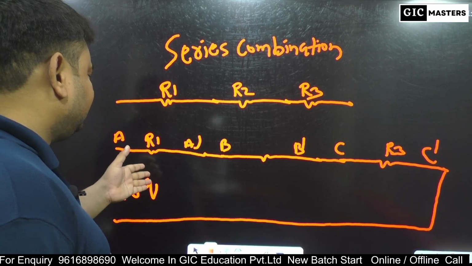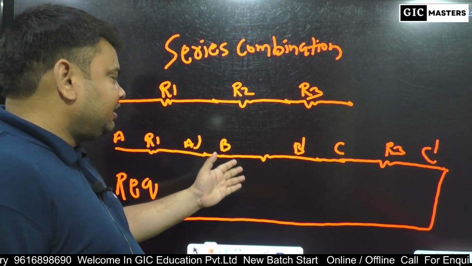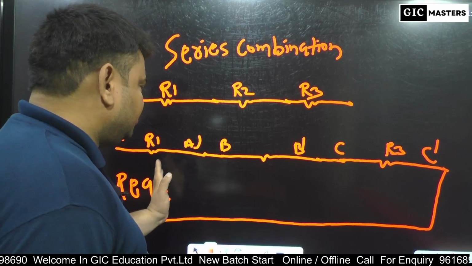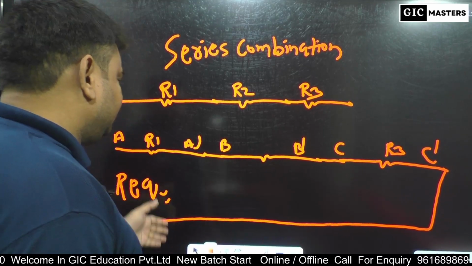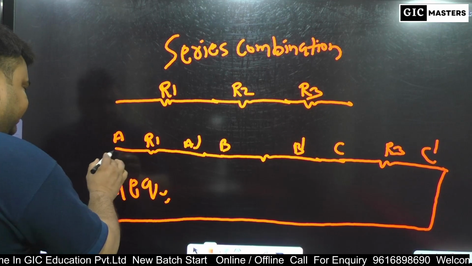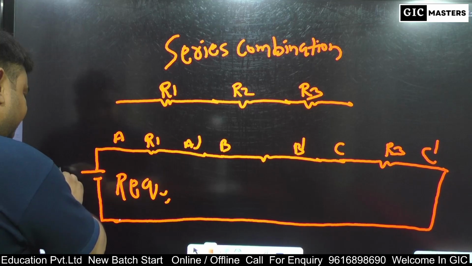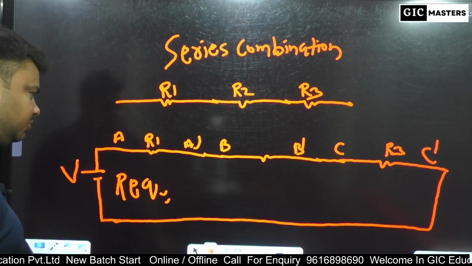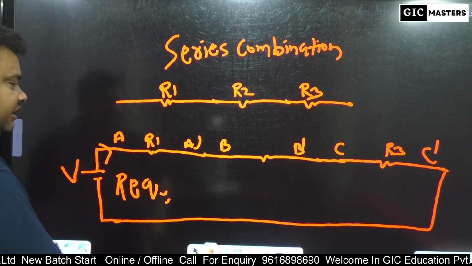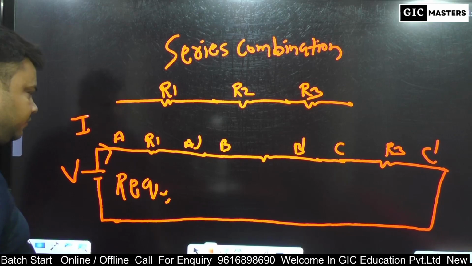Resistor R1 terminal A dash is connected with B, resistor R2 terminal B dash is connected with C. When this series connection is connected with a voltage source and the circuit is closed, then current starts to flow.